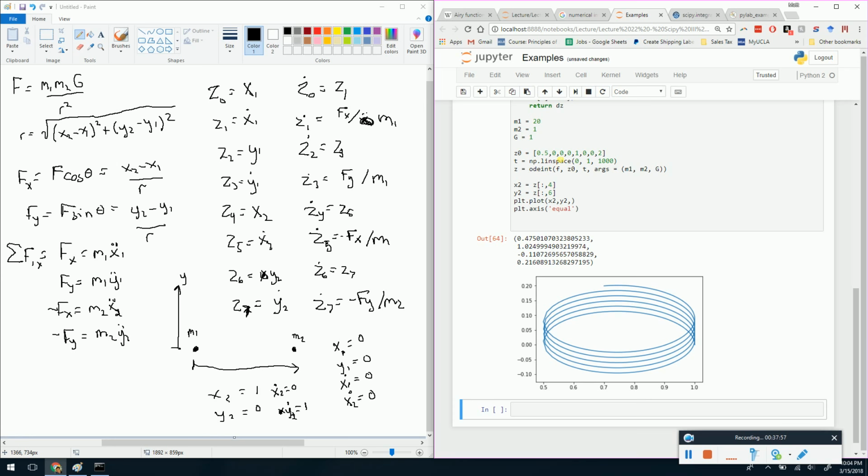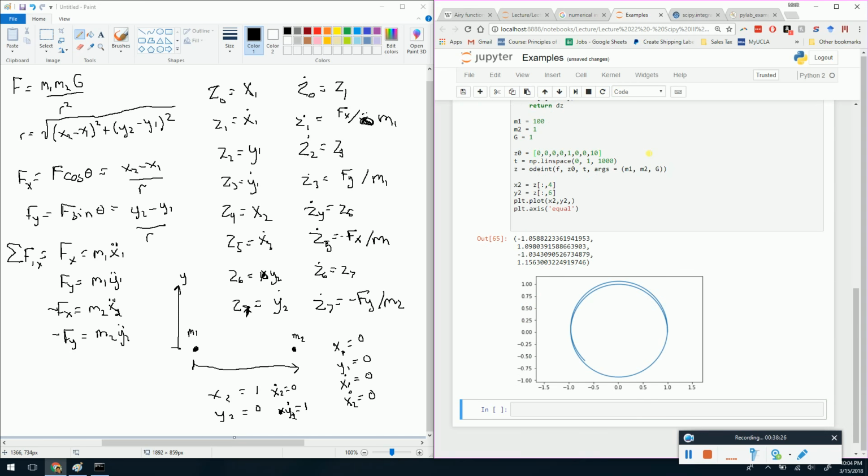I'm just not liking the way this looks. Let's make it really heavy. Okay, we don't want it to move at all. Let's just give this thing enough speed. There we go, that's a lot better.